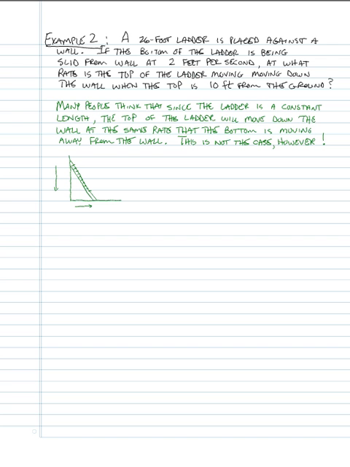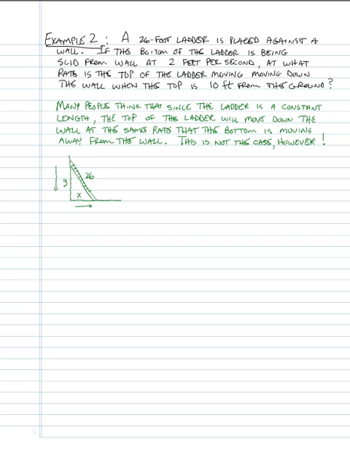And so those are the variables that I need to label, and I'll just call this amount x and this amount y. Now x is the distance the bottom of the ladder is from the wall, and y is the distance the top of the ladder is from the ground. Now this ladder is 26 feet long, and that's something that's not changing, so it's all right to put that value in there.